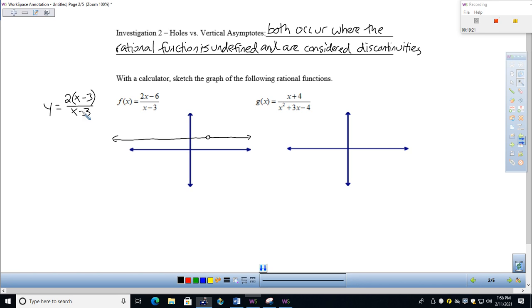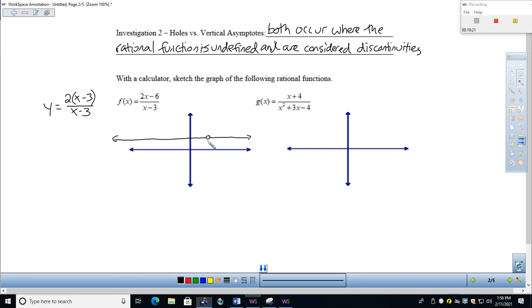So in essence, these x minus 3's, for all intents and purposes, canceled out, and we just get the graph of the equation y equals 2, but I still can't have 3 be part of the domain of our function. So it's excluded from the domain, and it shows up as a hole. So we got the graph of y equals 2, except for the fact that there's a hole right when x is 3.